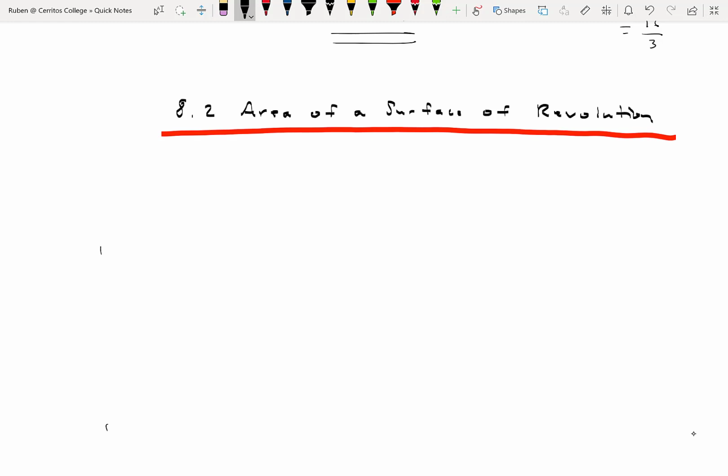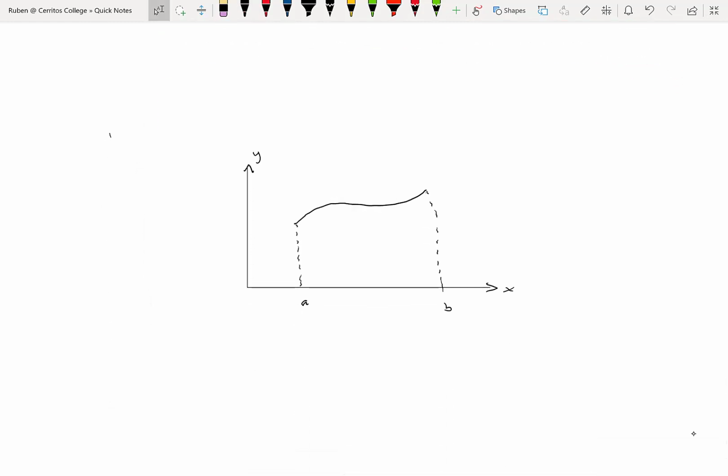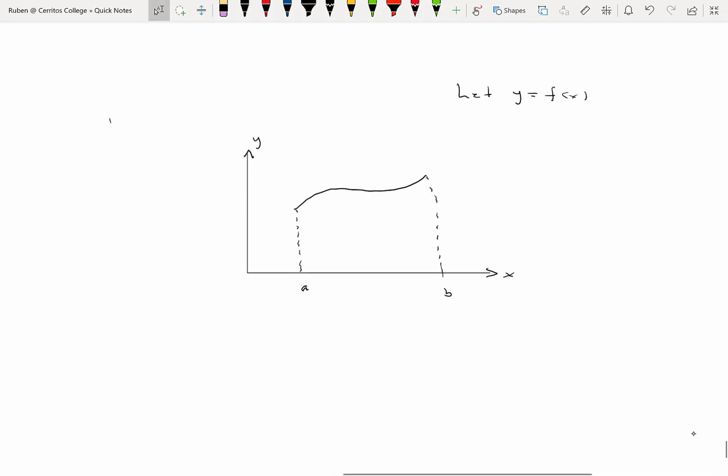Okay, so let's take a look at our basic fundamental problem. We're starting out with our curve, y equals a function of x, between 2 points, x equals a and x equals b. And the problem is to find the area of the surface generated by revolving the curve about the x-axis.